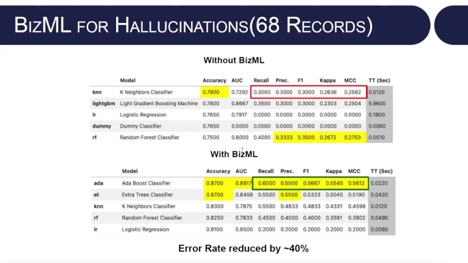As soon as we applied BizML, which took like half a day's worth of effort, the error rate went down significantly. The error rate reduced by 40%, and we were able to detect majority of the hallucinations.